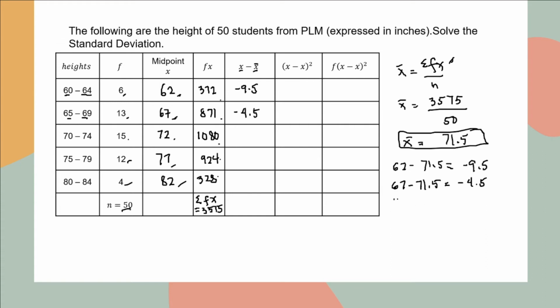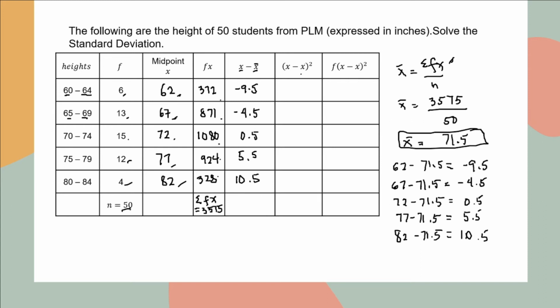Next is 72 minus 71.5. The answer is 0.5. Next is 77 minus 71.5. We have 5.5. Next is 82 minus 71.5. The answer is 10.5. Okay, so we have the deviation.